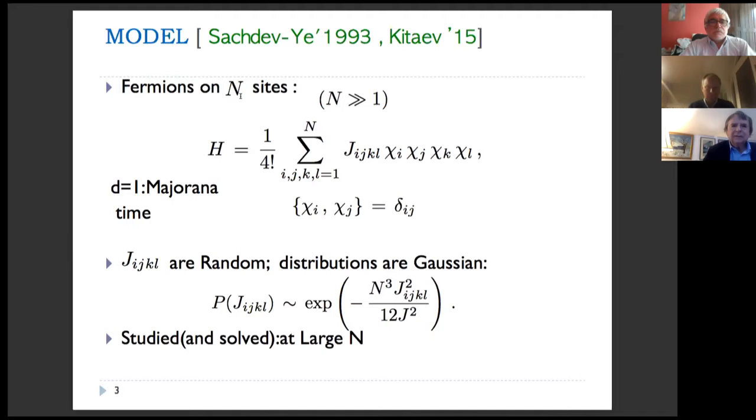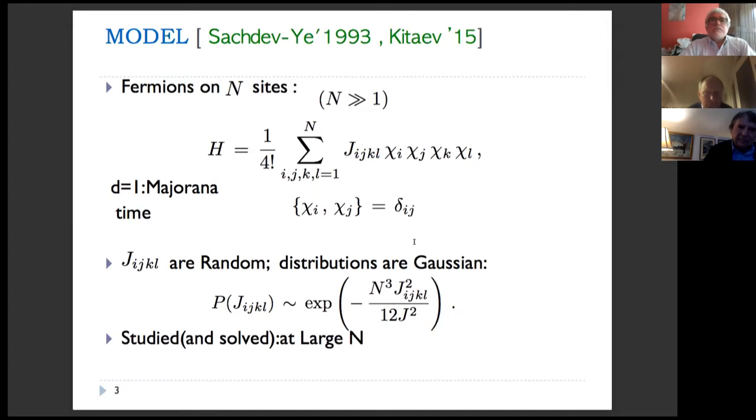So the model is just the model of Majorana fermions, which are quantum mechanical, with anti-commutation relations, and a quartic interaction in the Hamiltonian, but there is a tensor index random coupling, which is averaged over, as in typical condensed matter systems.